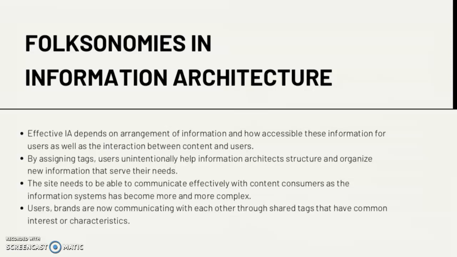The site needs to be able to communicate effectively with content consumers. As the information system has become more and more complex, users and brands are now communicating with each other through shared tags that have common interests or characteristics. Therefore, folksonomy has yet to prove its value and role in letting users do most of their organization work.